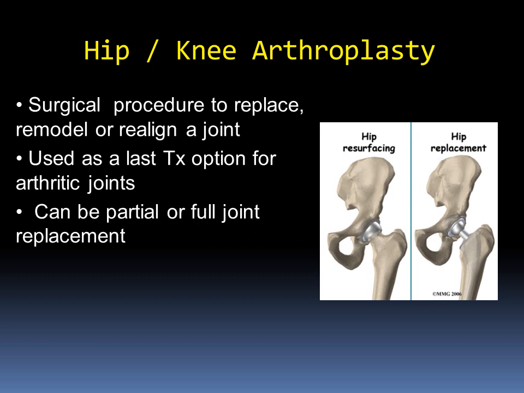Now, one of the outcomes of osteoarthritis at the end stages is arthroplasties, and here you can see pictures of a hip arthroplasty. So what they try to do is to replace or remodel or realign the joint. It could be a partial or a full arthroplasty that can occur. In these surgical procedures, the individual does need to go through a rehabilitation process once the surgery is finished.